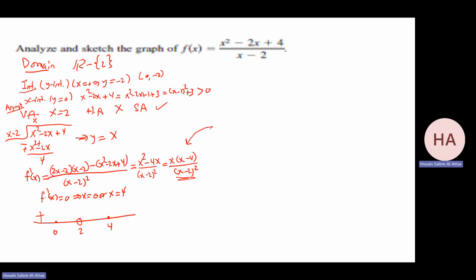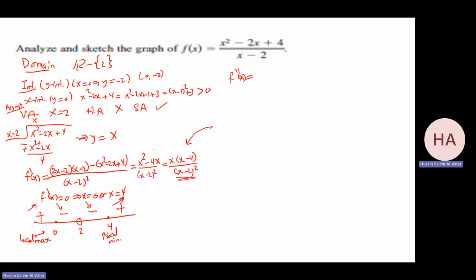Between 0 and 2, take 1: negative. Between 2 and 4, take 3: still negative. After 4, positive. So that will be increasing, decreasing, decreasing, increasing. So I have a local max here and a local min here.